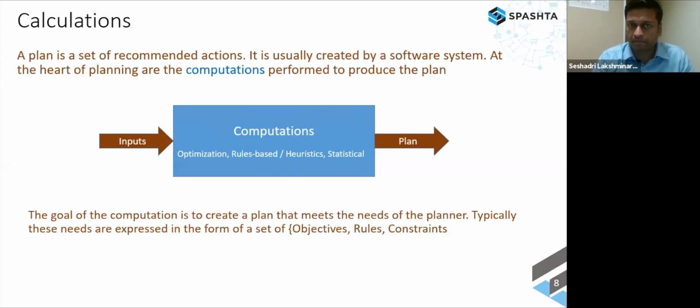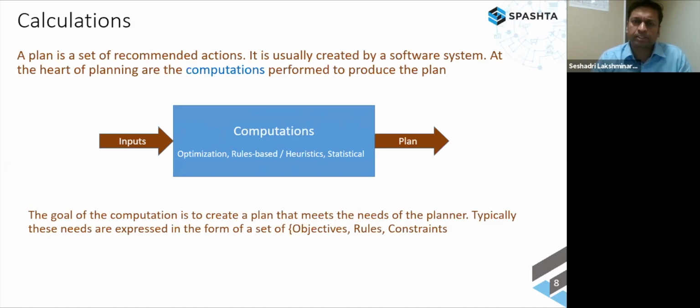Not as much as I believe they should, but they are definitely used more and more. The other type of techniques are the rule-based heuristics, which are very extensively used, and that's because rule-based and heuristic techniques work very well in capturing the business rules. However quirky my rule may be, I'll be able to apply it in a rule, and my heuristics or rule-based algorithm will take care of it. It's much more difficult in an optimization setting.